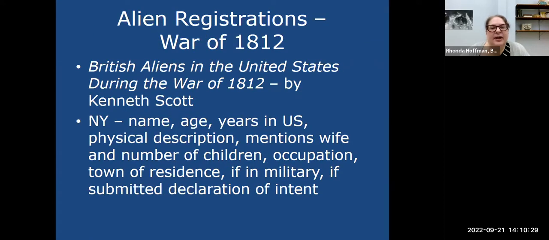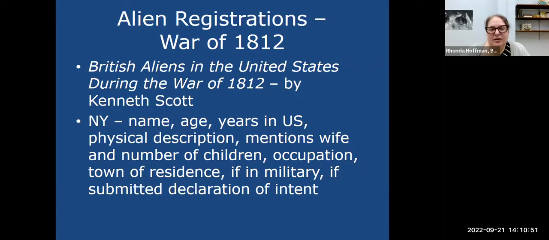There is something that we have in the Grosvenor Room. There were some alien registrations for the War of 1812. It's called British Aliens in the United States during the War of 1812 by Kenneth Scott. And it might include the person's name, age, years in the US, a physical description.